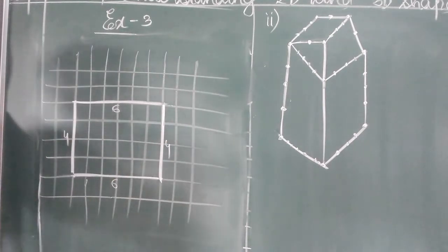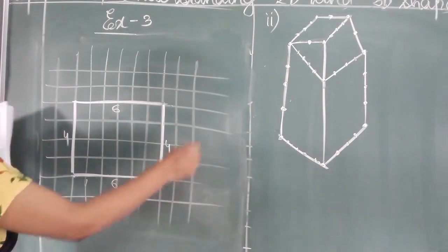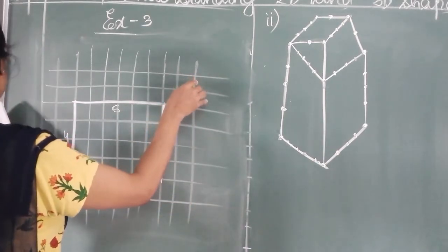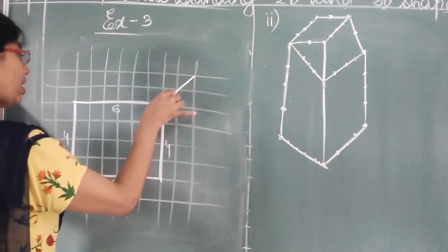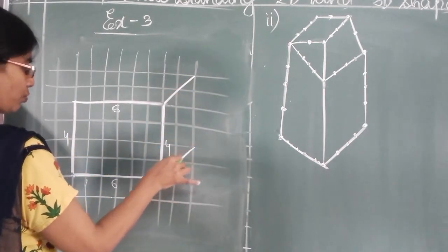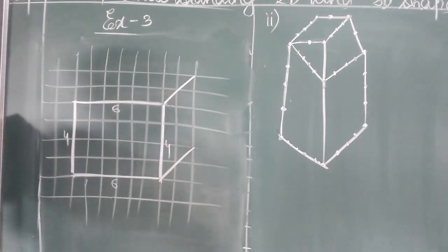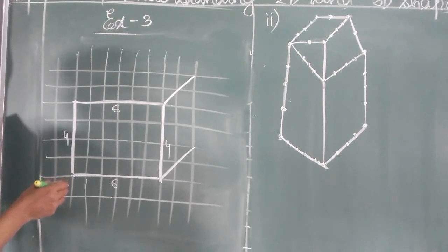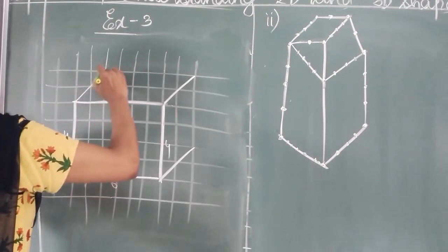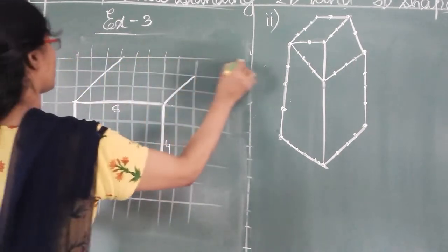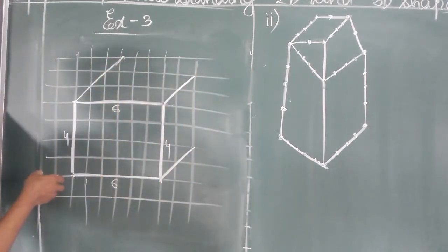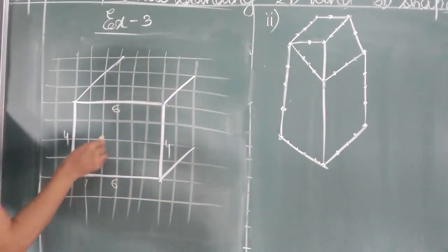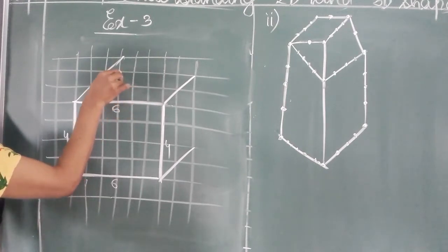Now let us draw the height. So here you can see that this part it is 4. So let us draw a diagonal line for 2. 2 boxes we are drawing the diagonal line. Now we are going to draw this side 1, 2, 3. So for 3 we are going to draw the diagonal line, and here 1, 2.